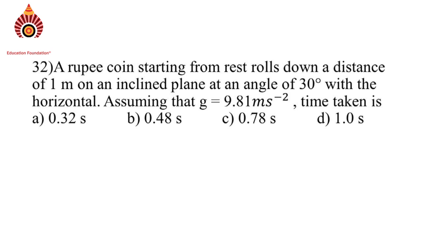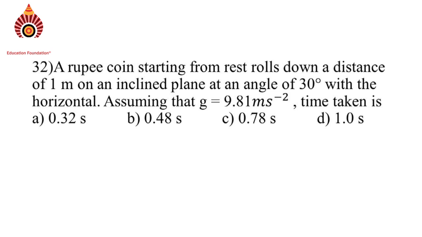So the time taken can be written as, with the length of the inclined plane 1 meter, 2 into 1 divided by g into sin 30 degrees into 1 plus 1 by 2 mr square divided by mr square.